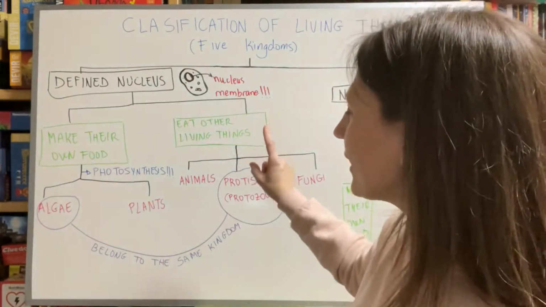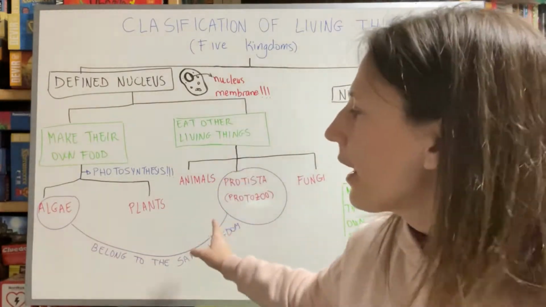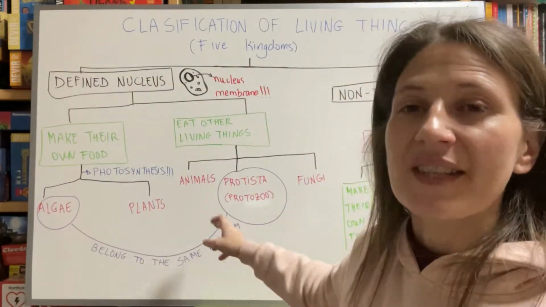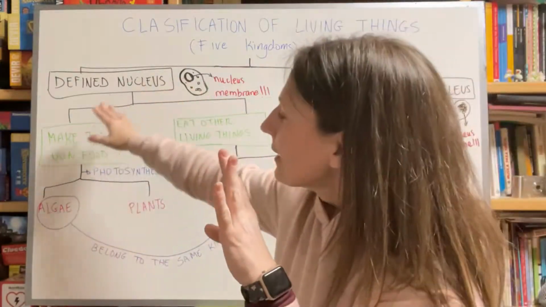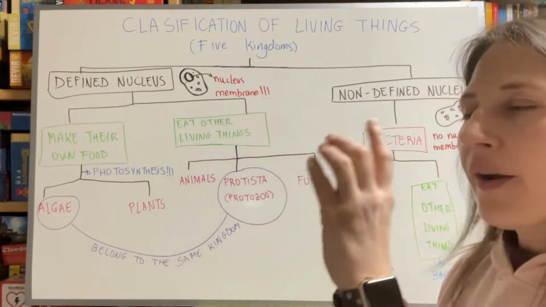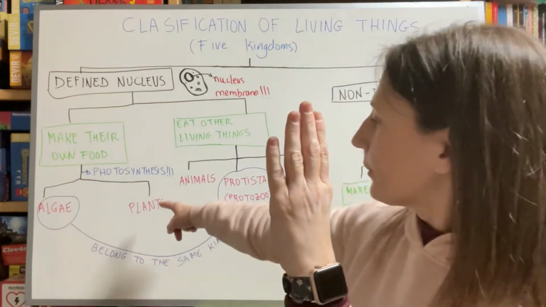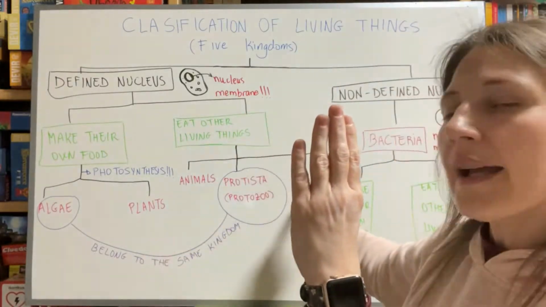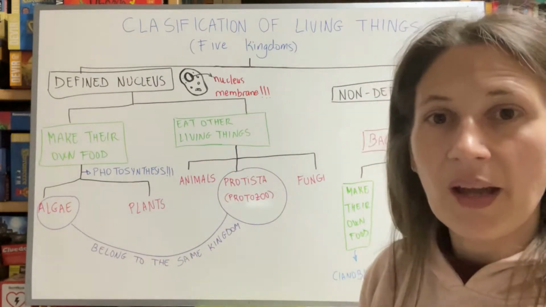Well, but look, I circled this group in purple, the same as this group, because algae and protozoos and protista belong to the same group. So in here, with a defined nucleus, really we've got 4 kingdoms, okay? Plants kingdom, animal kingdom, fungi kingdom, and algae and protista kingdom, okay?